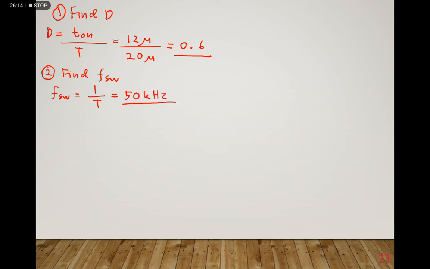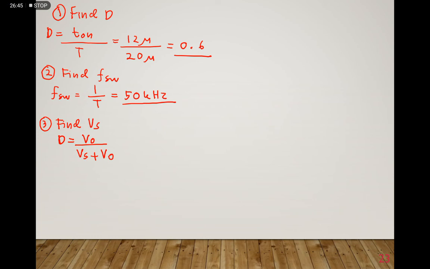Step number 3, we need to find our Vs. Use the duty cycle equation that relates the output and input voltage. D equals V0 over Vs plus V0. You substitute all the known values.